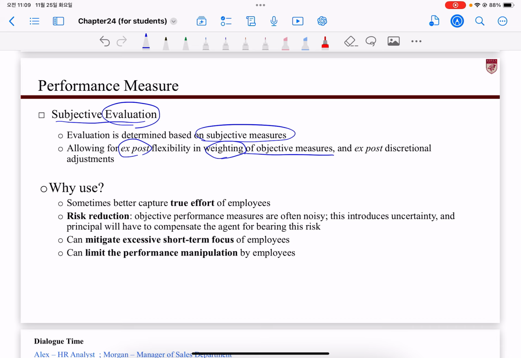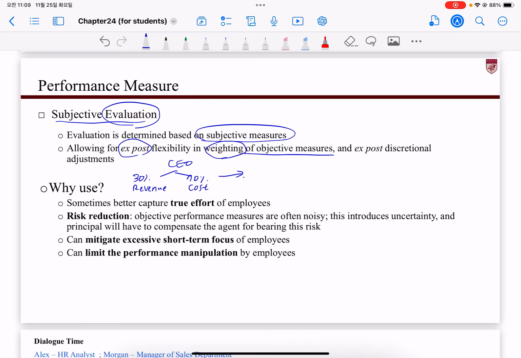Meaning, let's say before applying the subjective evaluation, a certain CEO is compensated 30% based on how well they have generated revenue, and 70% based on, let's say, cost.